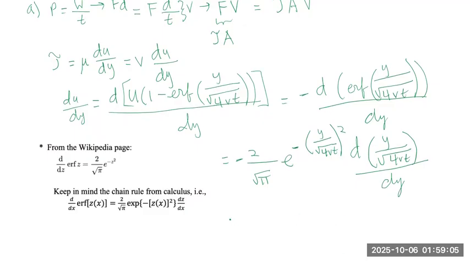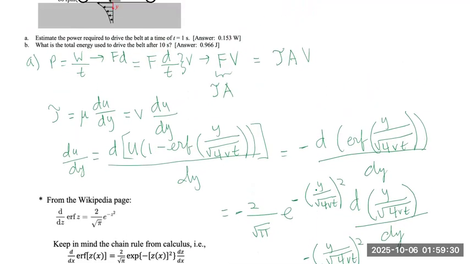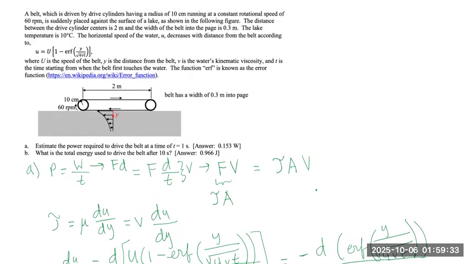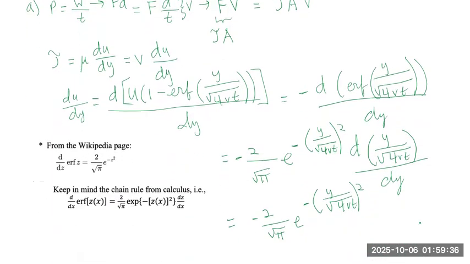This simplifies to negative 2 over root pi times e to the negative y over square root of 4vt squared, times 1 over root 4vt.